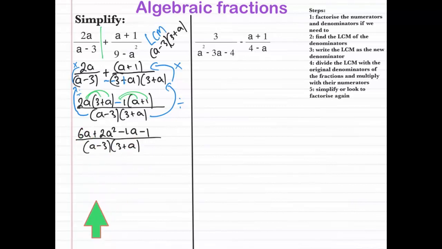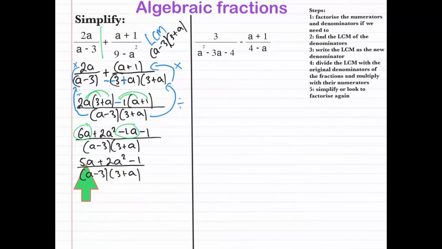So 6a and minus 1a, so that gives me 5a plus 2a squared minus 1 at the top, and at the bottom we've got (a minus 3)(3 plus a). Now we can rewrite that so that it looks a bit better, which will be 2a squared plus 5a minus 1 over (a minus 3)(3 plus a). Now usually we can check to see if we can factorize that, but there's no trinomial that we can do for that top part.